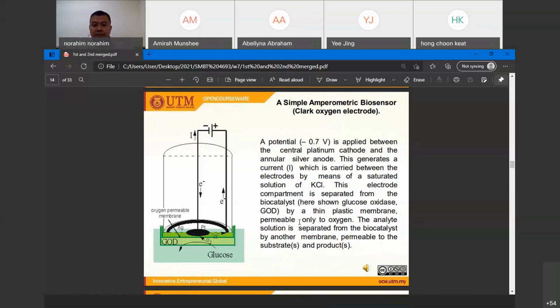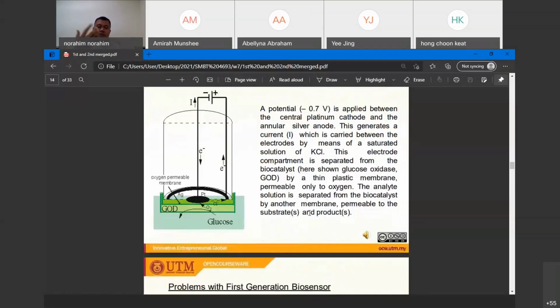Everything that happens is based on the interaction of oxygen with the molecules inside your cell. So the analyte solution is separated from the biocatalyst, glucose oxidase, by another membrane that is permeable to the substrate and product. So it's all about membranes, it's all about oxygen, it's all about what is interacting with what. You should focus on those.